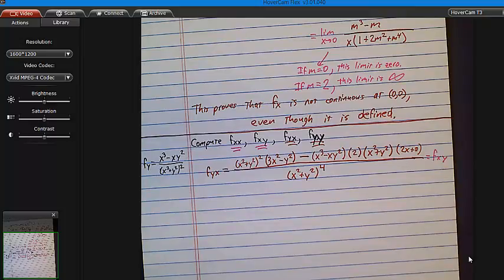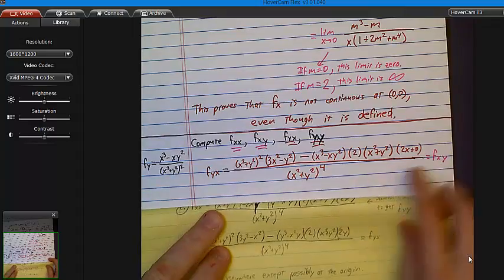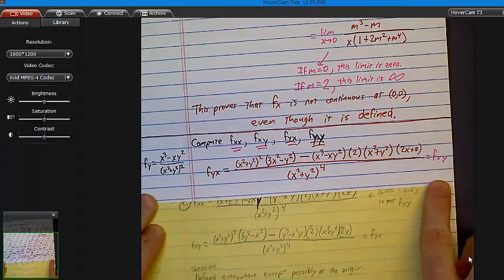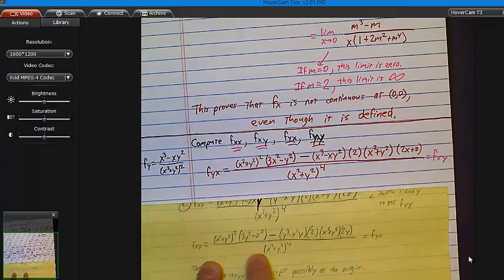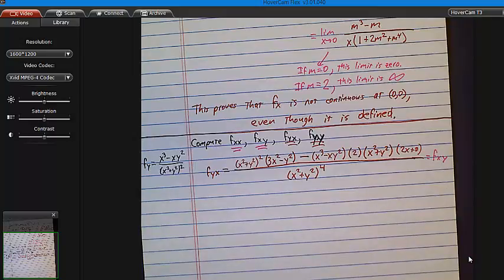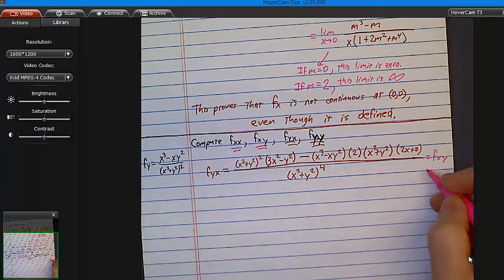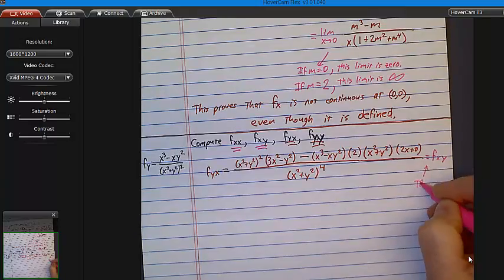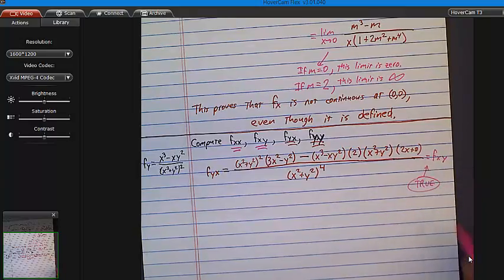Let's check that. Here's your fxy. Oh, I see what you're saying. 3y squared minus x squared. Ah, that's what you guys are saying? Well, I'm going to claim this is true. I'm going to claim they're equal.